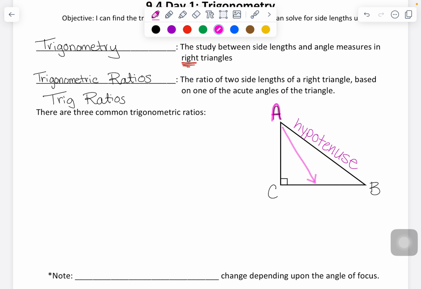So like if you're focused in on angle A, we would refer to this as side A, but it also, when doing trig, is known as what's called the opposite. The opposite side. And then the side that's right next to the angle A, that's one of our legs, is known as the adjacent. And I'm going to turn my notes sideways to write this. A, D, J, A, C, E, N, T.